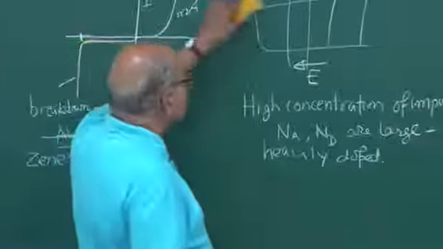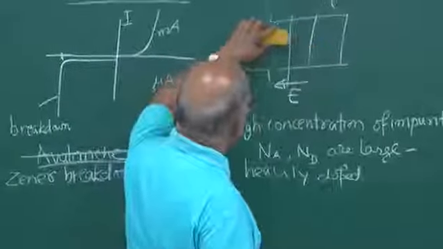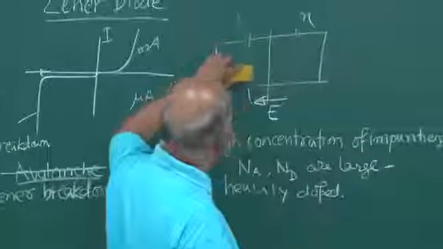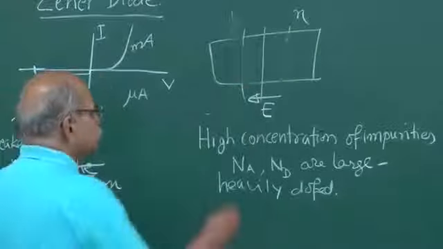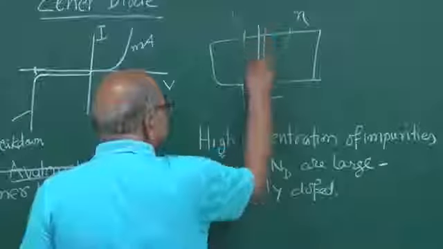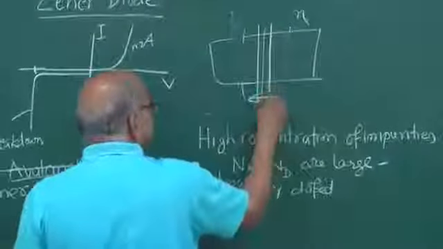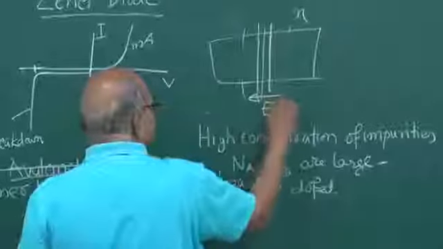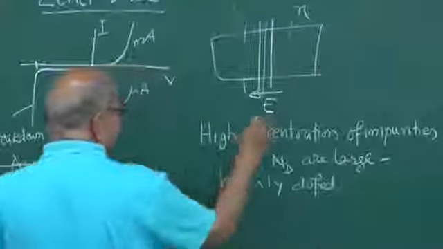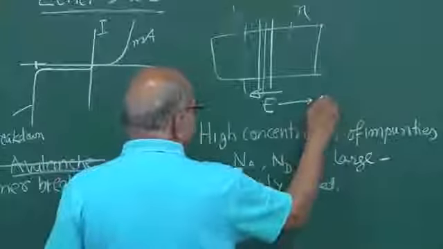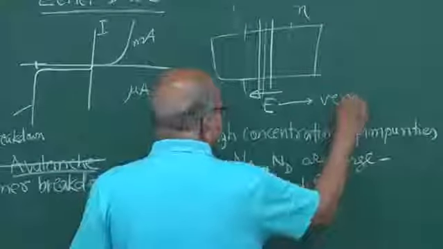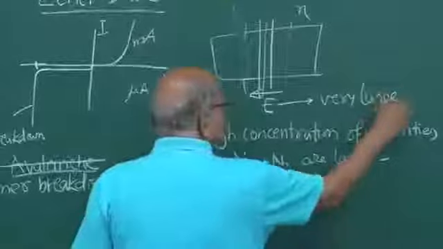So if the depletion layer is very thin, and then you apply this reverse bias voltage, this electric field can be very large. Right?